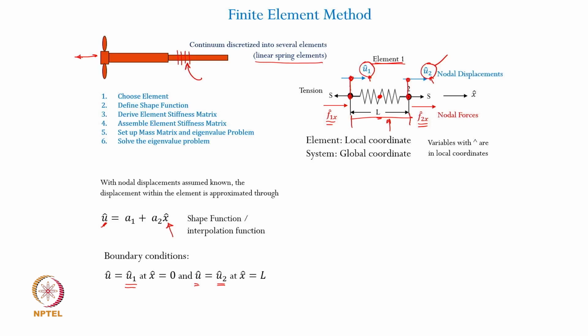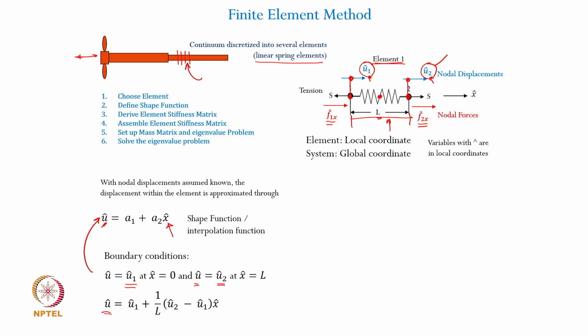With these boundary conditions specified, we can use them in this equation and get the constants a1 and a2 defined, and obviously it will be in terms of the nodal displacements, which are known values. So, once you put these boundary conditions, it is quite straightforward to express u cap as a function of x cap in this form.